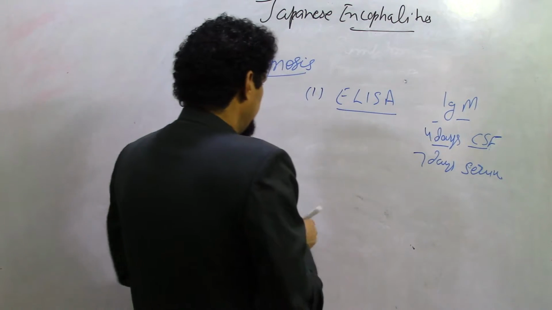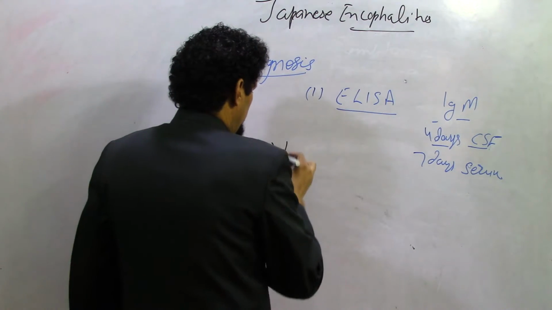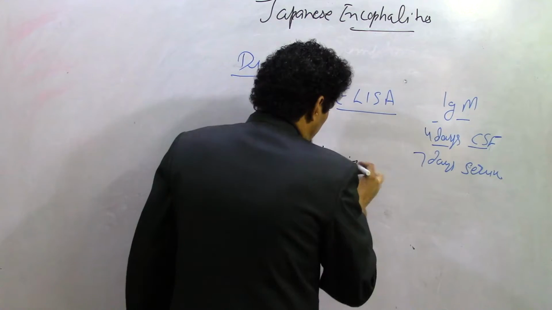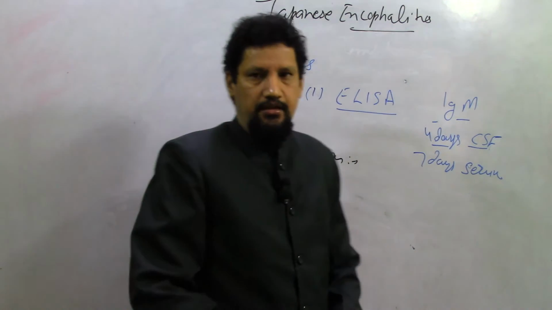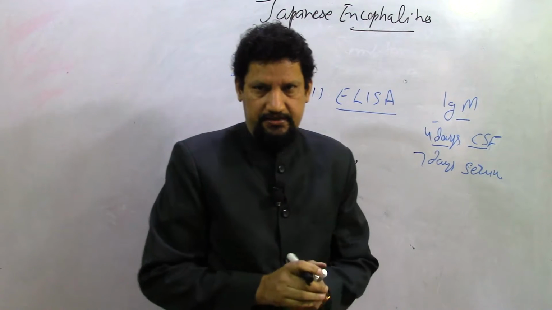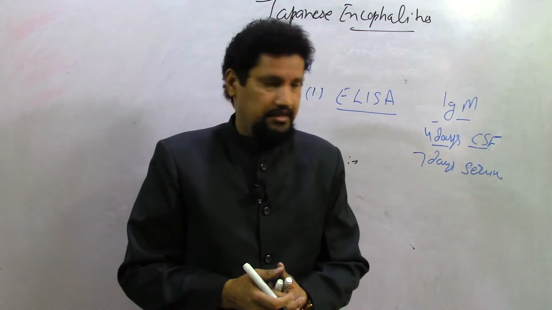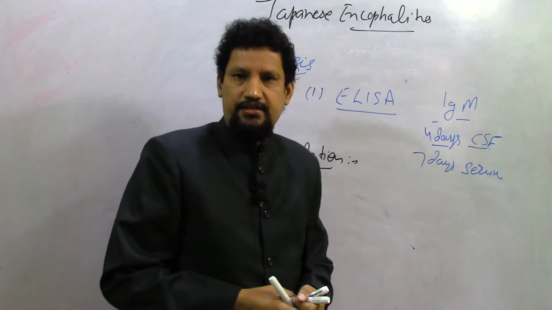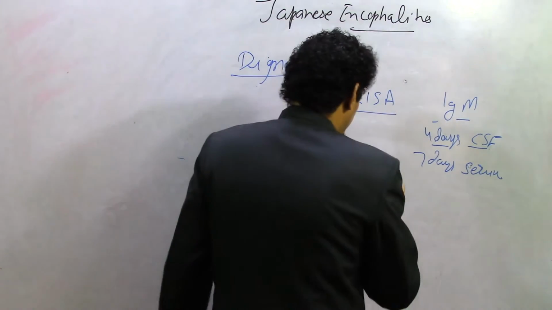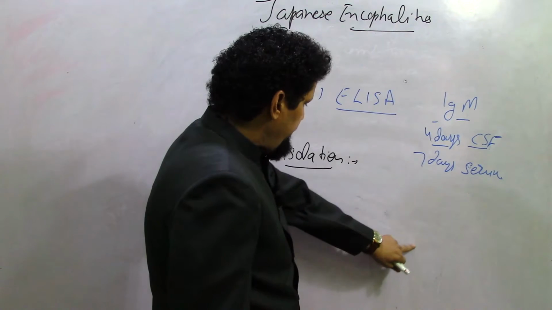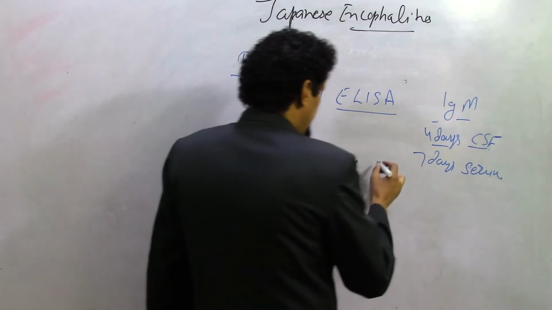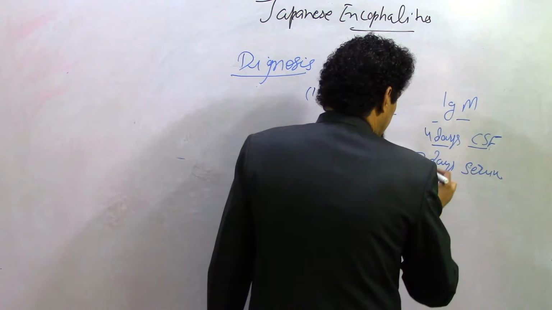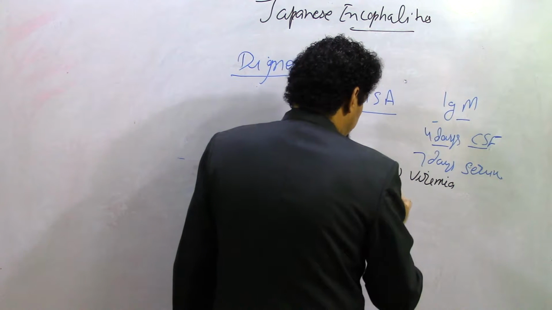Isolation of the virus. The demonstration of the virus or the genetic material of the virus inside the infected person's cells is very, very difficult due to low viremia of the Japanese encephalitis and transient viremia.